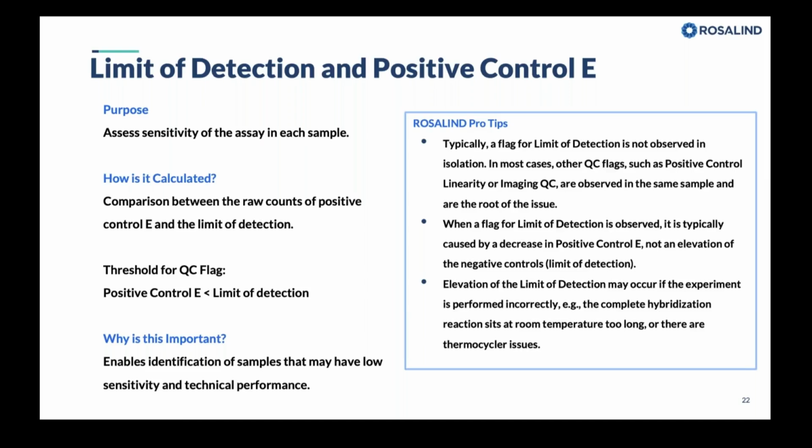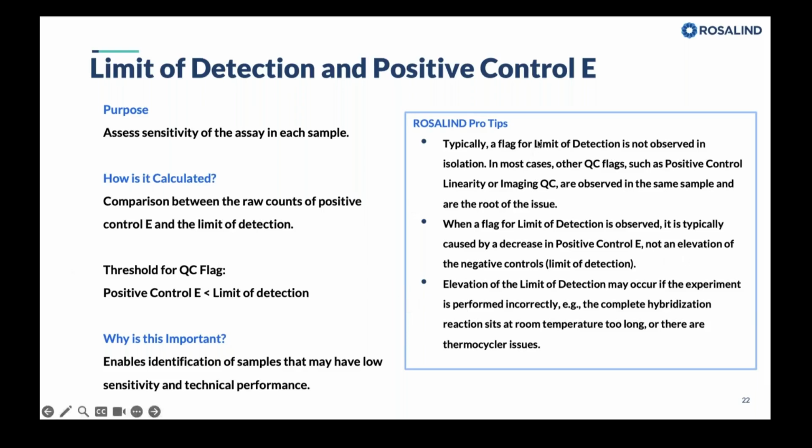I'm going to show you a visual in my next slide of what this looks like, so if you're having trouble understanding, just bear with me for a minute. The threshold for this QC flag is if positive control E is less than the limit of detection. This is important because it allows us to identify any particular samples that might be having some issues with low sensitivity or technical performance.